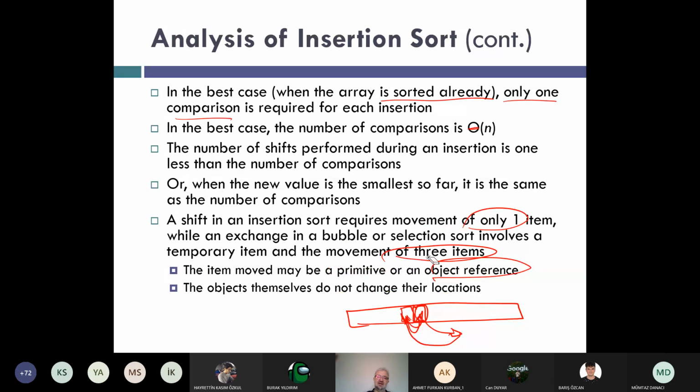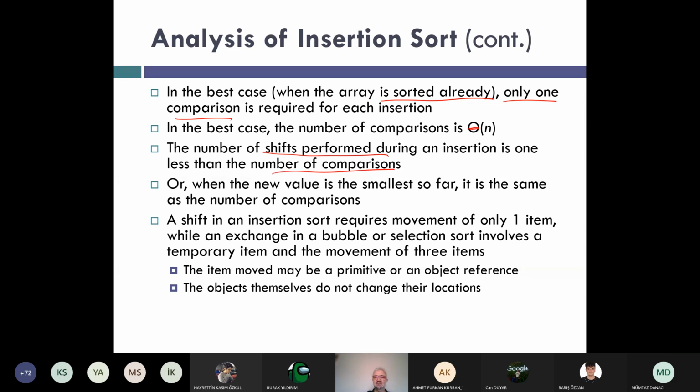So the performance of insertion sort is better in that sense. And when you look at the number of shift operations performed during an insertion, it is one less than the number of comparisons.